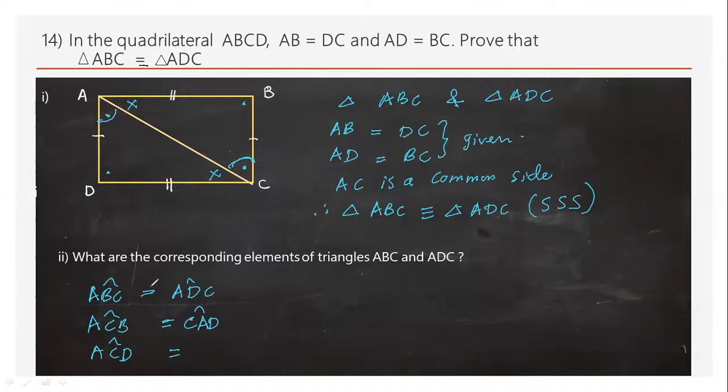It is better to mention the other side first; there should be the right order. Corresponding elements of congruent triangles are equal. These are the corresponding elements.